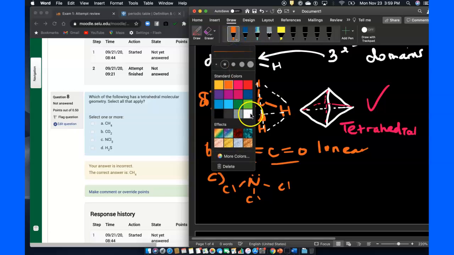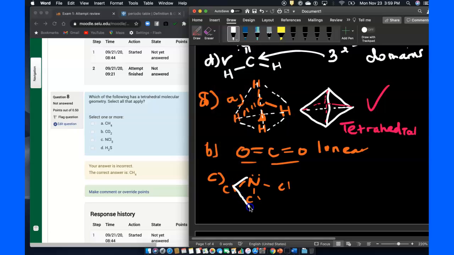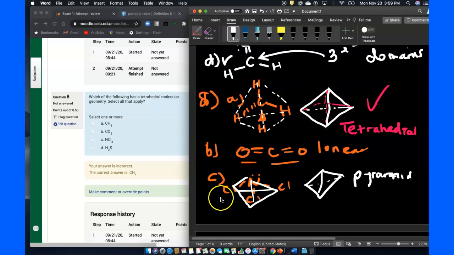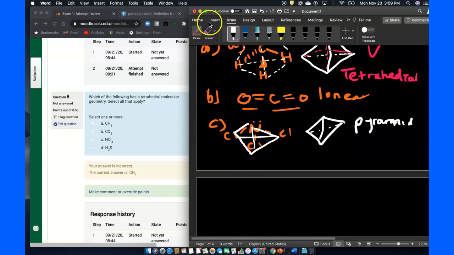Here you don't have an element on top of nitrogen, so if you connect it, it's definitely a pyramid. There's a line at the back. It's different from a tetrahedral, because for tetrahedral you have a central atom. So C cannot be the answer.